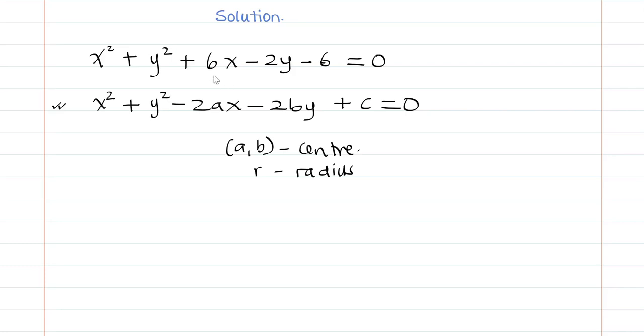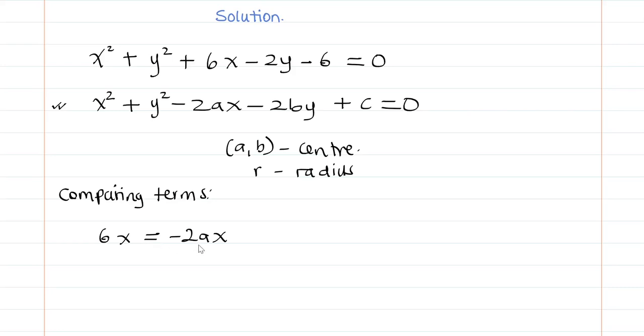Now, if you look here, we have 6x, and then here we have negative 2ax. So on comparing the terms, we can see clearly that 6x from up here, it is positive, corresponds to negative 2ax. So 6x equals negative 2ax.